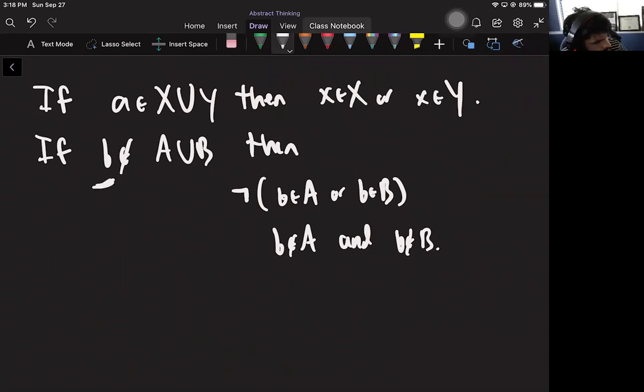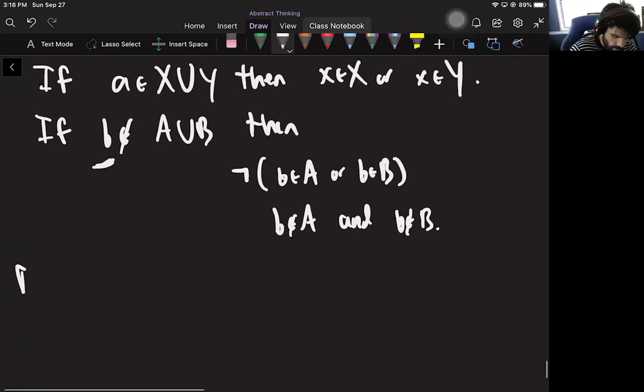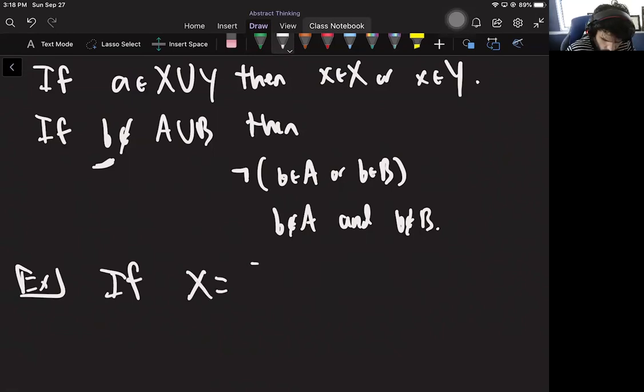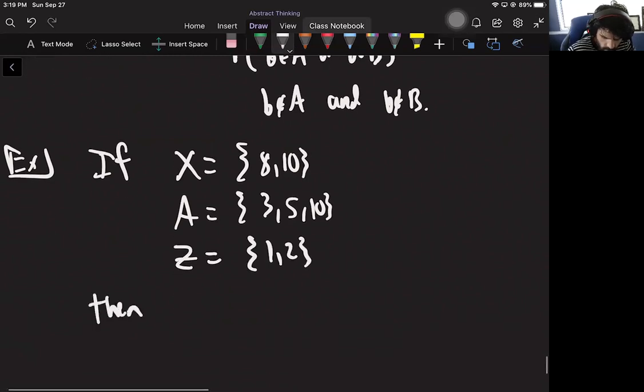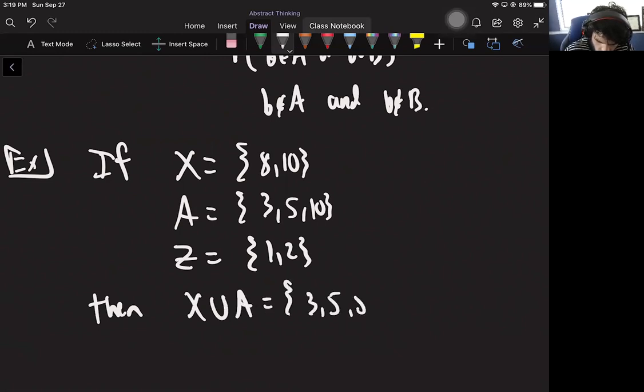Okay, so just another example. If X equals 8 and 10, A equals 3, 5, and 10, and Z, I'm just using different letters for practice, 1, 2. Then you can write all sorts of stuff. So X union A would be 3, 5, 8, and 10.